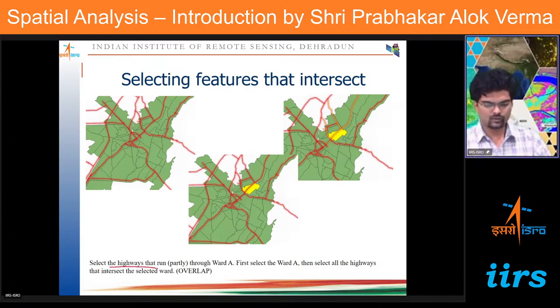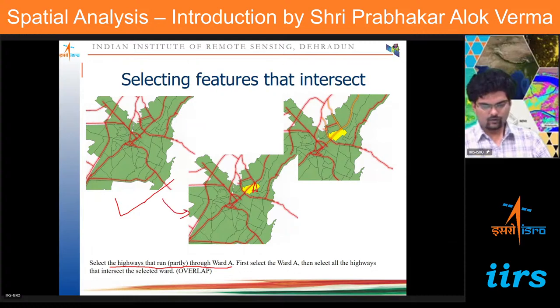So your task is to select the highway that runs partly through ward A. So select the highways which are running through some particular ward A. So again, you need to select the ward from this ward data. So this is ward A.